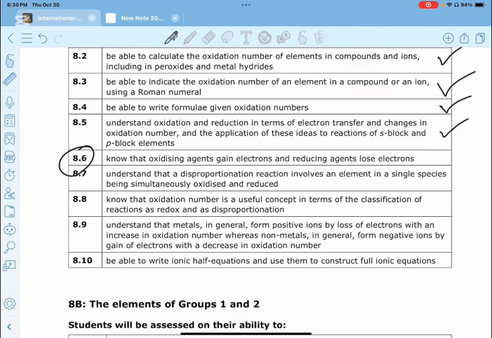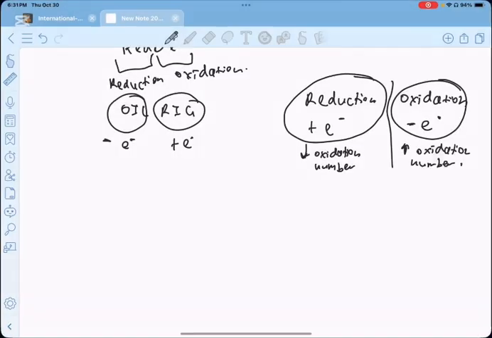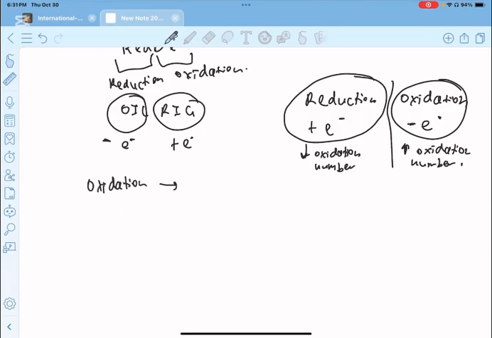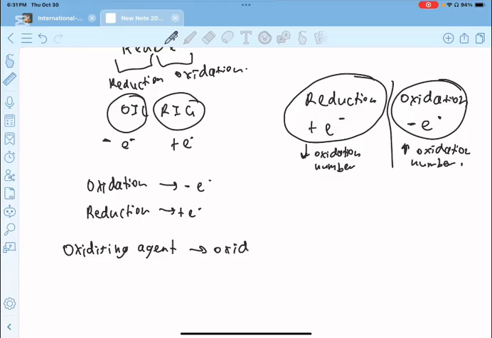Okay, next part. 8.6. Know that oxidizing agents gain electrons and reducing agents lose electrons. The definition is in the specification itself. But a way of remembering again, if oxidation is a loss of electrons and reduction is a gain of electrons, an oxidizing agent will cause oxidation, right?